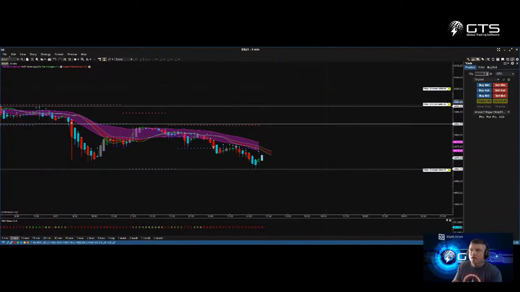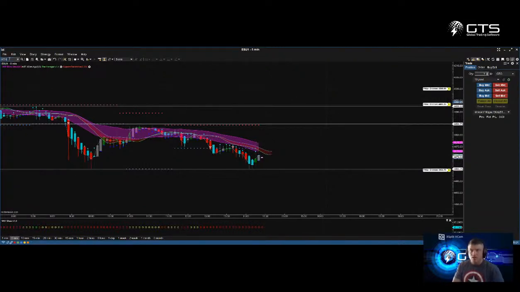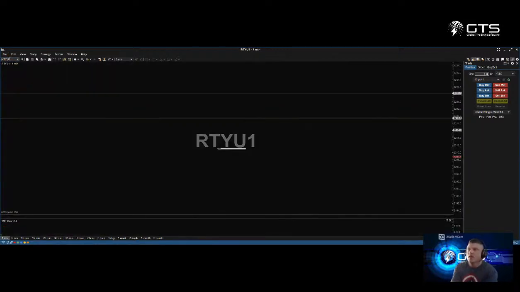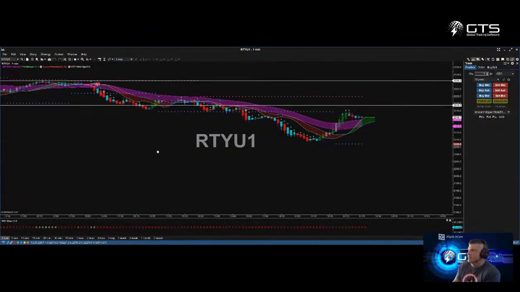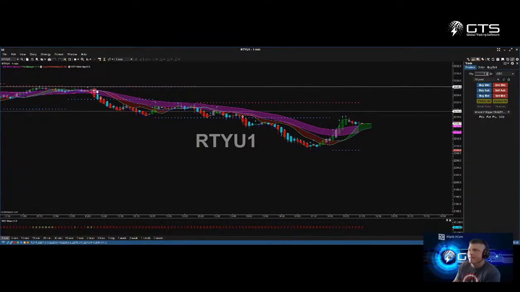Let's see here. Looking at the RTY. Boom, boom, boom. Let's see here. Still good. Nope. Popped out. I'm sorry, that got invalidated. Back to the 200 EMA.